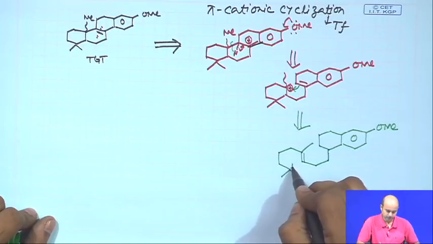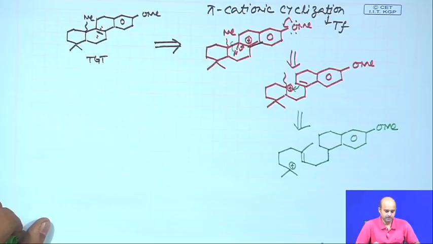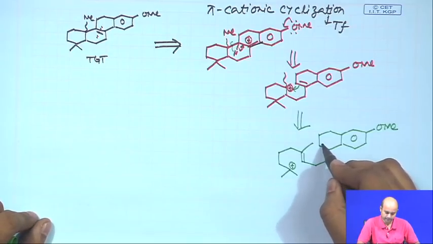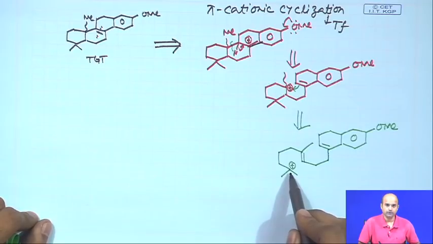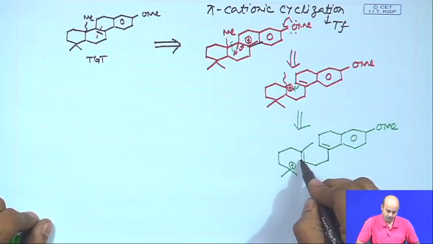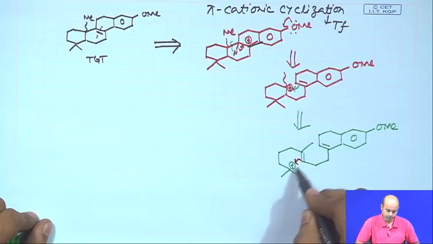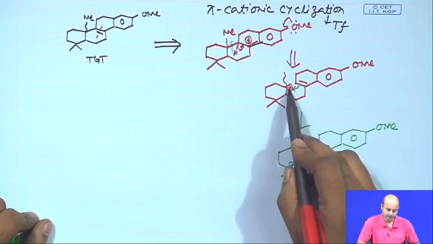Now, we will put a carbocation here. This is again a tertiary carbocation. Now, try to put the arrow. This carbocation is in close proximity with this pi bond. So, if it closes, it will give a carbocation here.